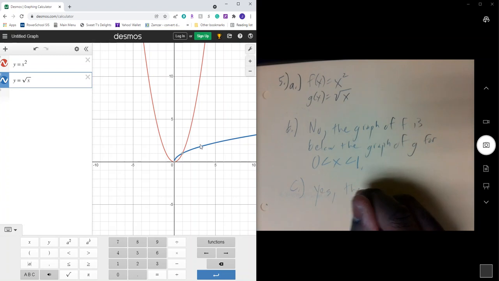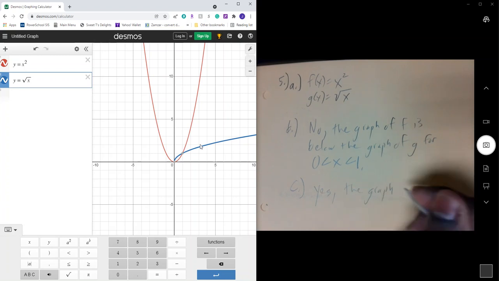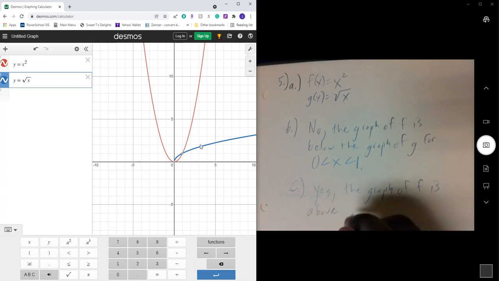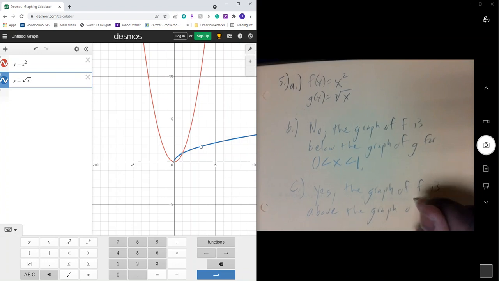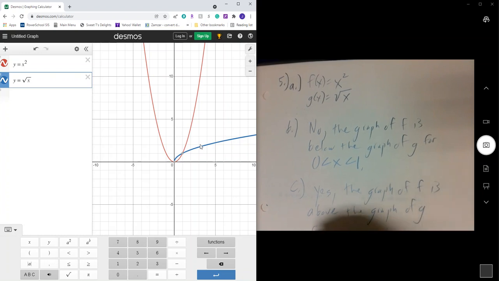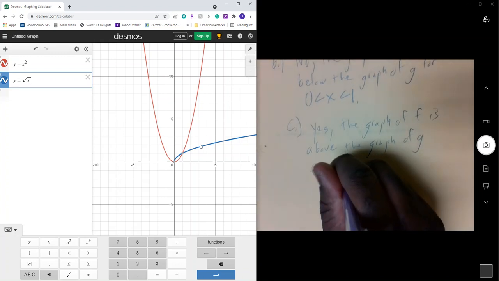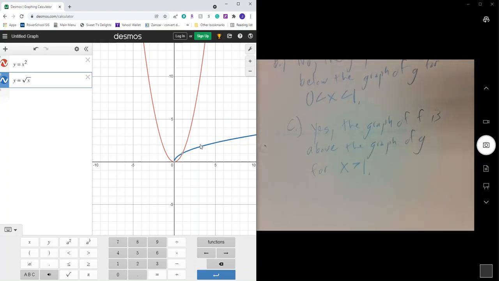And then the graph of f is above the graph of g where x is greater than 1.